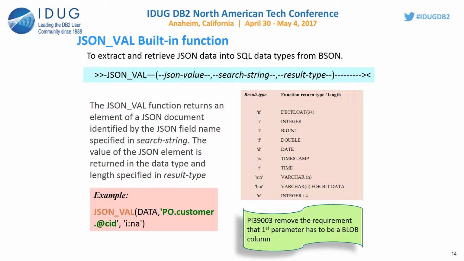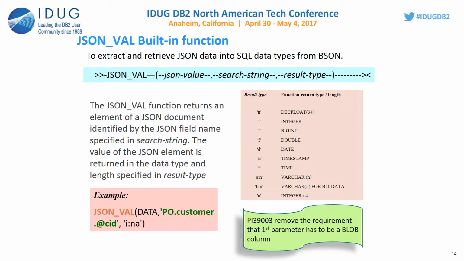So you put down JSON underscore VAL. The first parameter is the column, the BLOB column where you're storing the JSON document in a BSON format. The second parameter, which we highlight in green color here, is the field we're looking for. For the JSON notation, we're using the dot notation to look at the field.